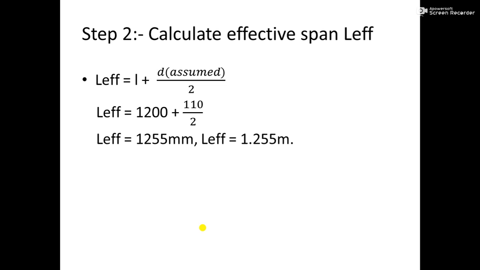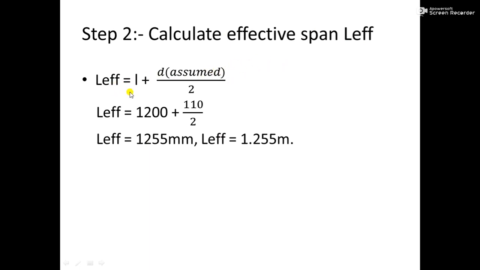Then we have to calculate the effective span, because in the first problem the effective span was given directly as 1 meter, but here we have given only the span, not the effective span. So we have to convert this span into effective span.